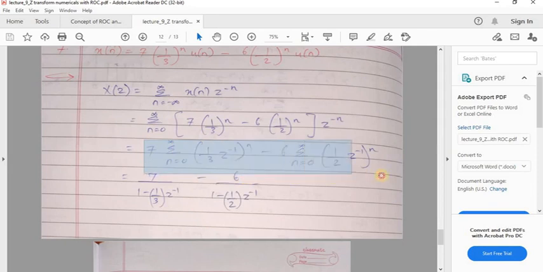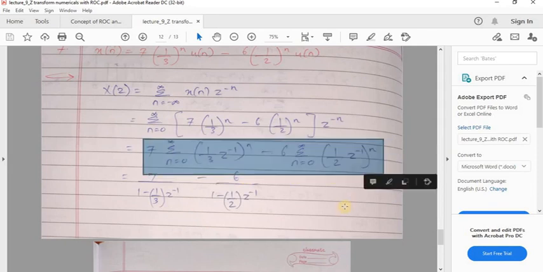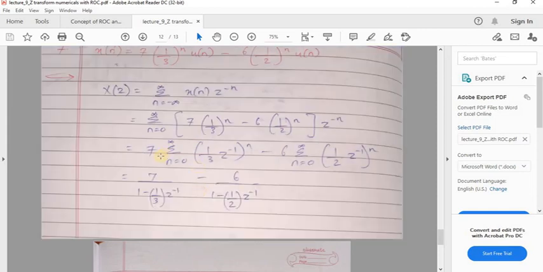This is the condition or the point from which we are going to find out the region of convergence, because after this point we have got a solution. The point which is before the solution is called the point of region of convergence. Now this and this should be less than 1. The mod of this term and the mod of this term should be less than 1 in order to converge.